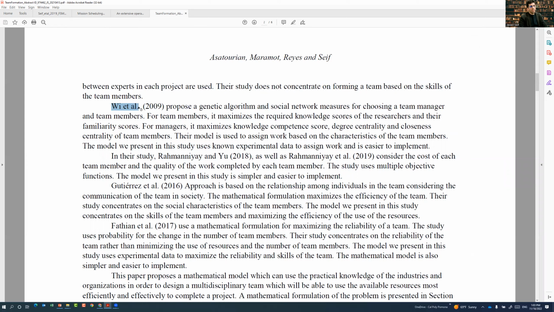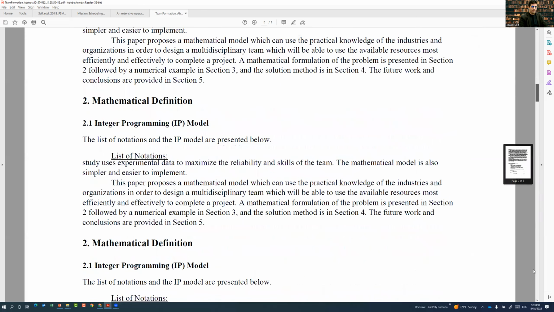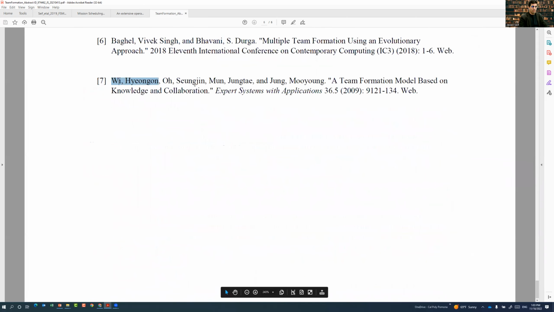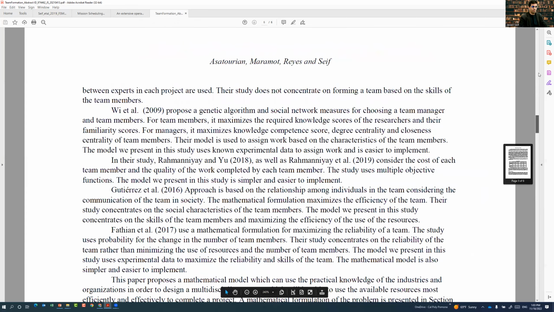For example, "et al." here means their colleagues, their co-authors. This is the last name, in 2009. To see what exactly this paper is, you have to go through the list of references. At the end, you see that this researcher and co-authors had a paper with this title, published in this journal, this issue, this year, these pages. That's a perfect, accurate reference.